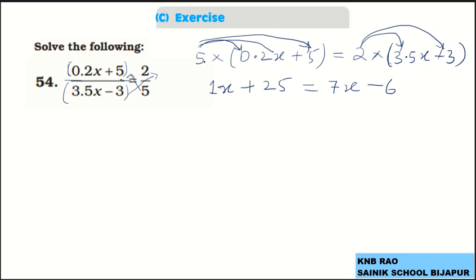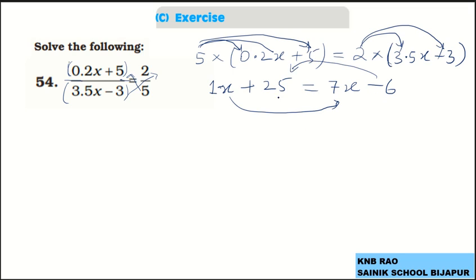It is so simple. They gave the decimal points only to confuse you, but their products give very simple 1x and 7x. Now, all the variable terms to one side and all constant terms to the other side.